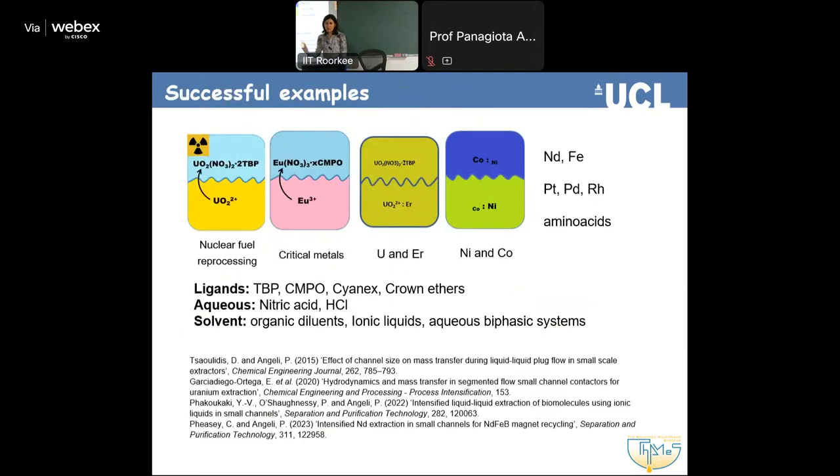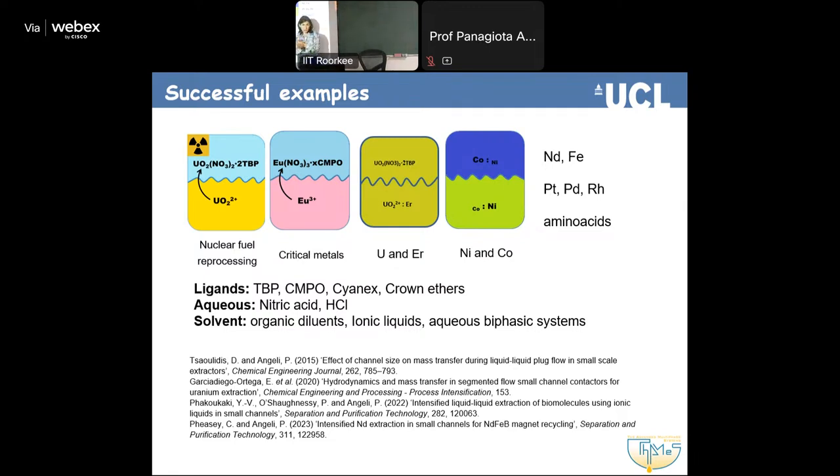So what I wanted to show you is that extractions in small channels have been tried, and there is quite a bit of literature out there. There is also a lot of literature on what extractants we need to use. What we have been doing is why I concentrate a bit on the things we have done, because I can show you more graphs.